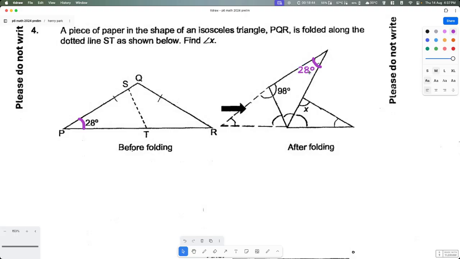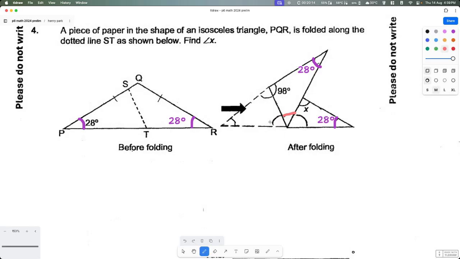All right, so at the same time, we also know that this is also 28 degrees. Okay, like this, 28 degrees. So that means this is also 28 degrees, right? That's what I see over here. So at the same time, this angle, I'm going to put this in a different color, light red, I guess, pink. Is the same as this. Okay, so folded.